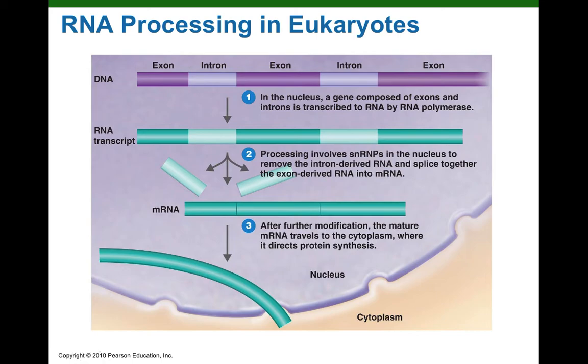But in contrast, we want to remember that eukaryotes have a membrane-bound nucleus where the chromosomes are. So transcription in eukaryotes will occur in the nucleus, right? And then eventually the processed RNA, it takes us a while to make our messenger RNA, the messenger RNA will then be delivered into the cytoplasm where our cytoplasmic ribosomes are located, where translation will occur.